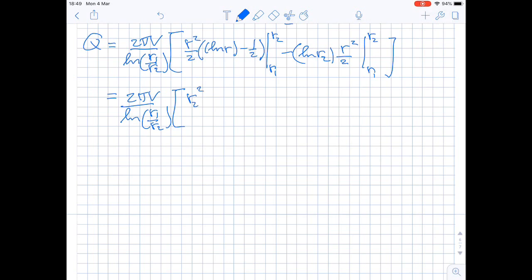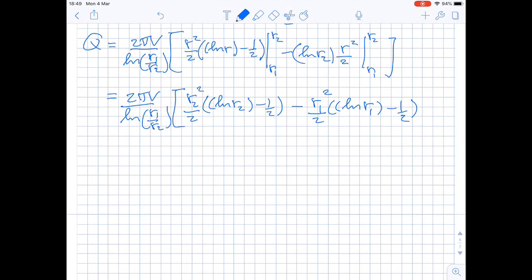You get r2 squared over 2 logarithm of r2 subtracted by half, minus the lower limit of integration, which is r1. Minus half here. So that should be the first integral.